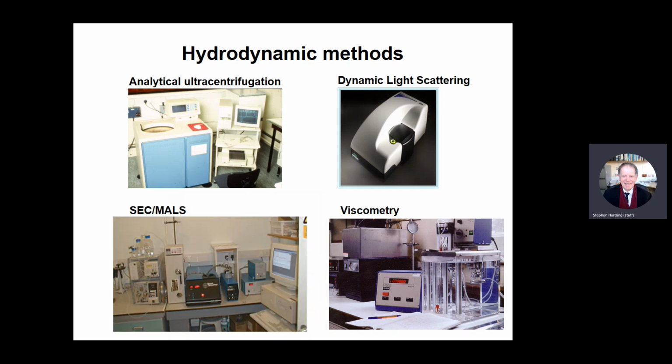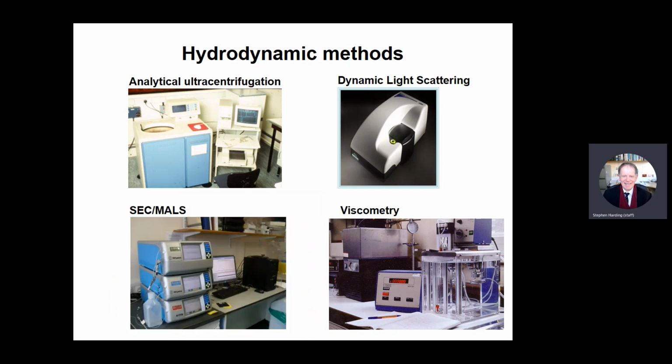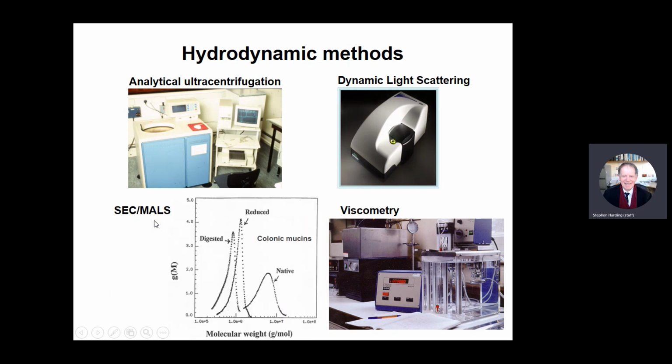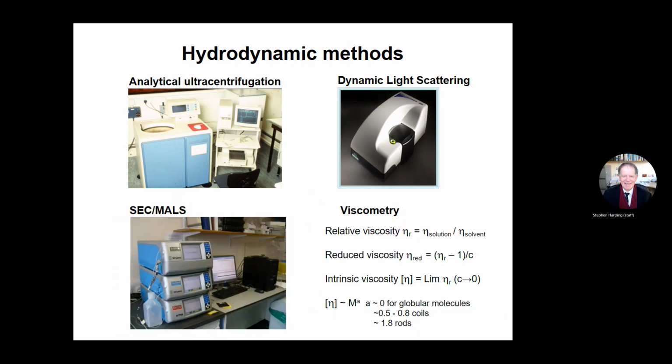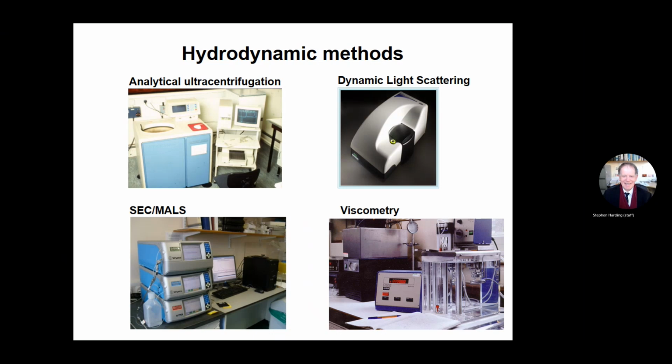Okay, this is what a modern instrumentation looks like. This is what we've got over in the NCMH at the moment. What you have here is the light scattering photometer, so all this stuff is boxed up. Then you've got a concentration detector at the bottom.